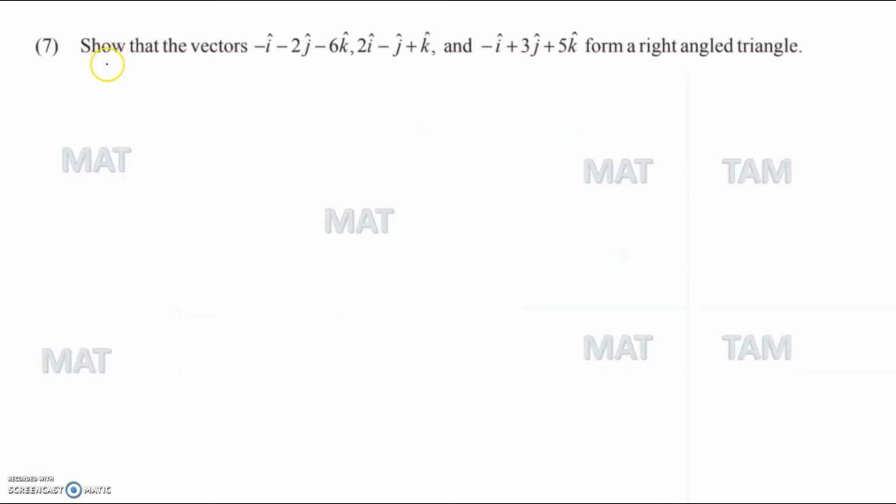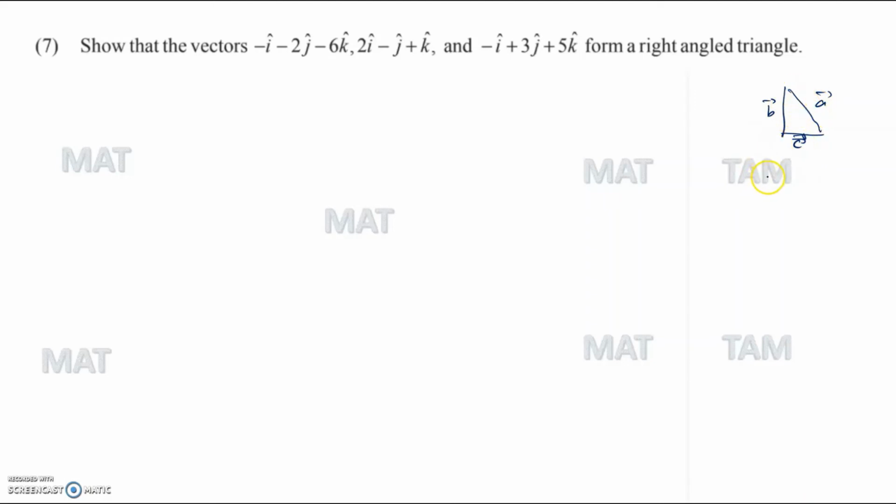Question number 7. Show that the vectors minus i cap minus 2j cap minus 6k cap, and 2i cap minus j cap plus k cap, and minus i cap plus 3j cap plus 5k cap form a right angle triangle. So for them to form a right angle triangle, you have to prove that these three vectors, let's call them vector A, B and C. We do not know which is on which side, just for assumption.